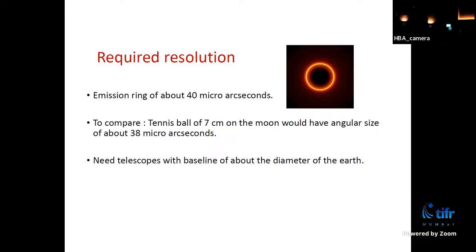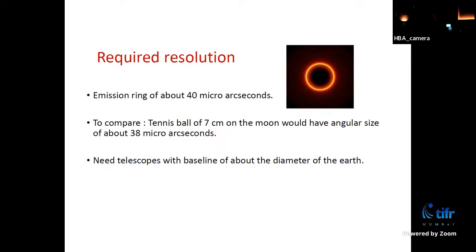Let us consider a tennis ball of 6-7 centimeters and place it on the moon. That tennis ball on the moon would have an angular size of roughly 38 micro arc seconds. So the telescopes that we need should be strong enough to resolve a tennis ball placed on the moon. That is the kind of resolving power we need to see a black hole shadow.